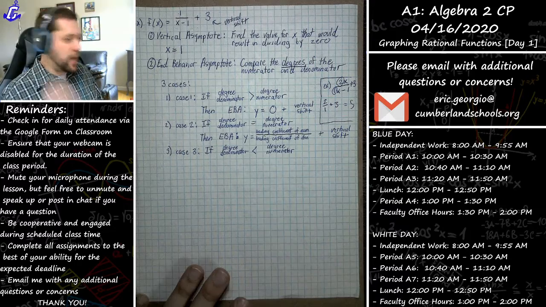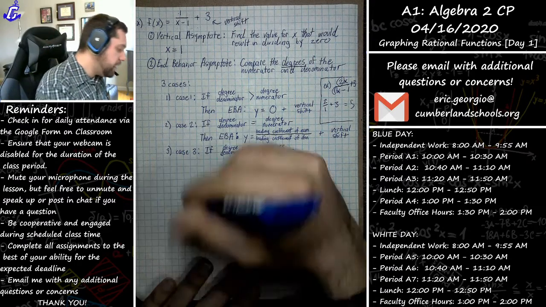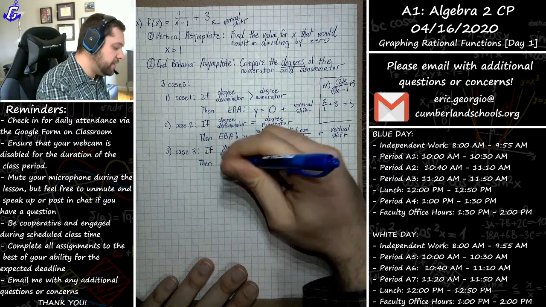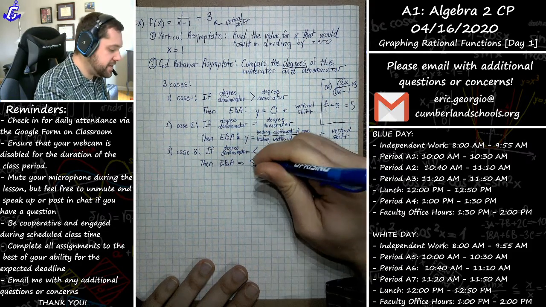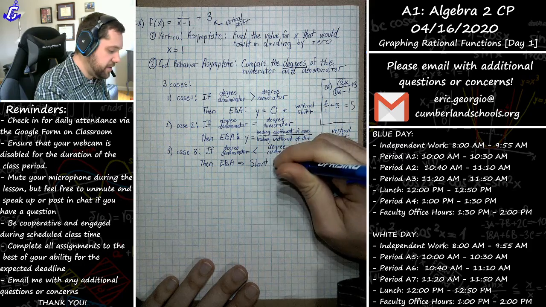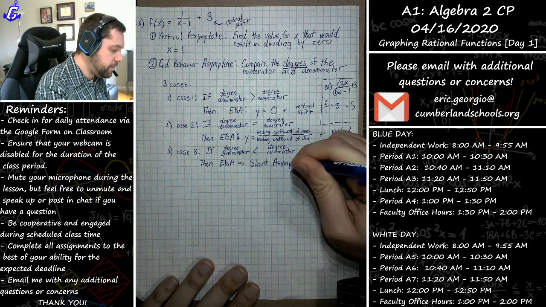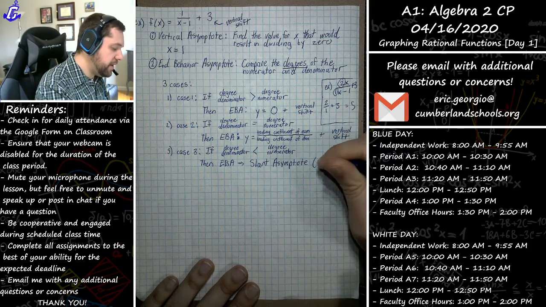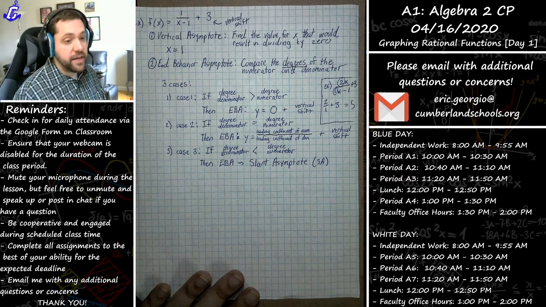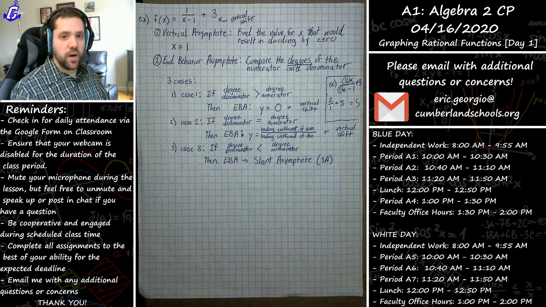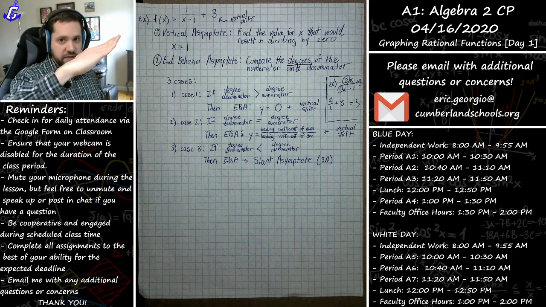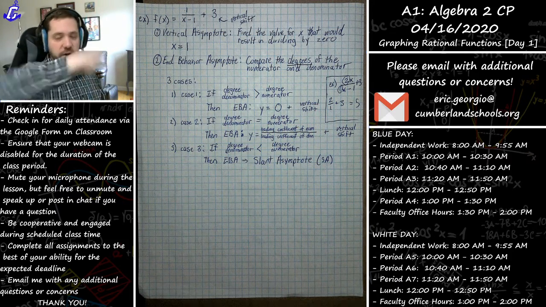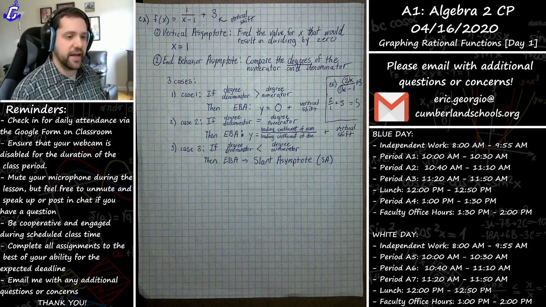So if we encounter a problem in which the top is bigger, then what happens is your end behavior asymptote becomes something that's called a slant asymptote, which is often abbreviated as SA. What that means is that your asymptote will no longer be just going perfectly horizontal at a value, but rather it'll be tilted either this way or this way, and your function will tilt along with that slant asymptote.